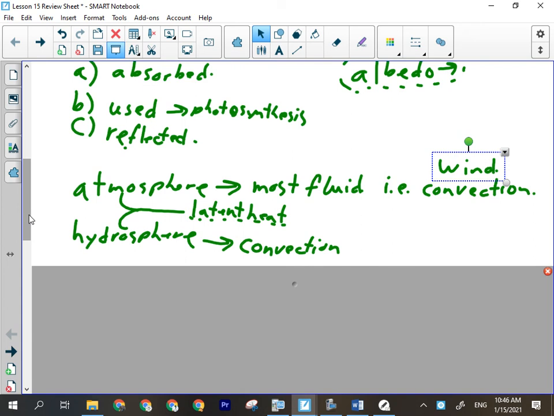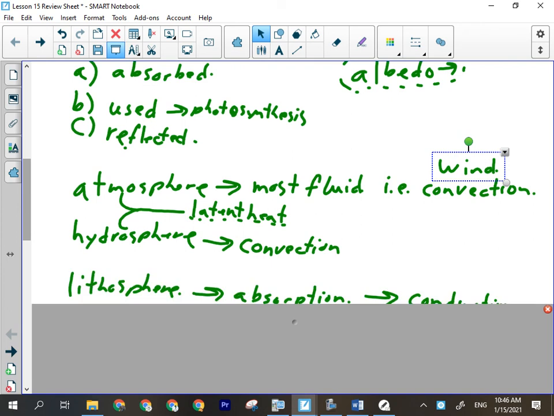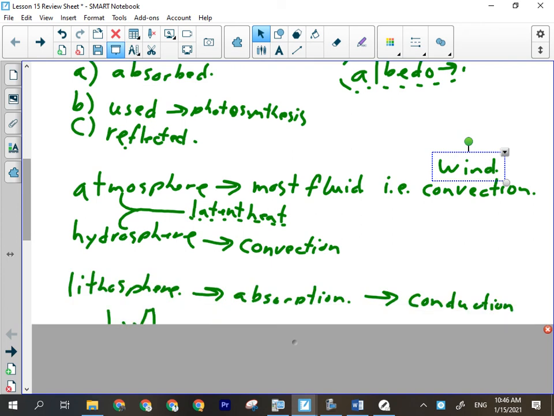All of that is important in terms of how does energy move from the equator to more northerly areas? How does it move around the globe? It's wind, it's convection, it's latent heat, it's the jet stream. There's absorption, obviously, and when it's absorbed, maybe it gets converted by plants living in the lithosphere, stuff like that.